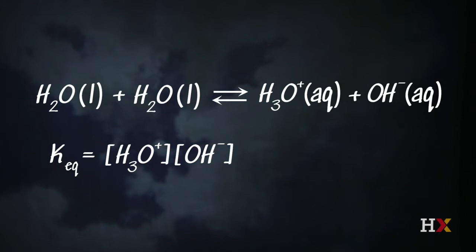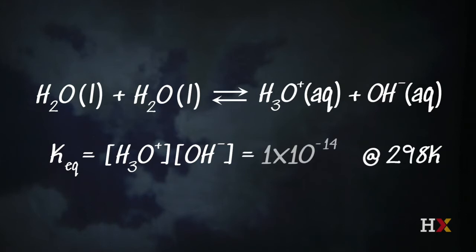And when that equilibrium is established, we know when we write the equilibrium constant that all pure liquids and pure solids drop out. So that's the expression for the equilibrium constant. It's the product of H3O+ times OH-, and at 298 Kelvin, that's equal to 1 times 10 to the minus 14.